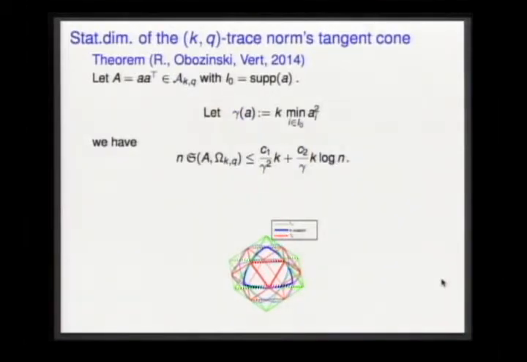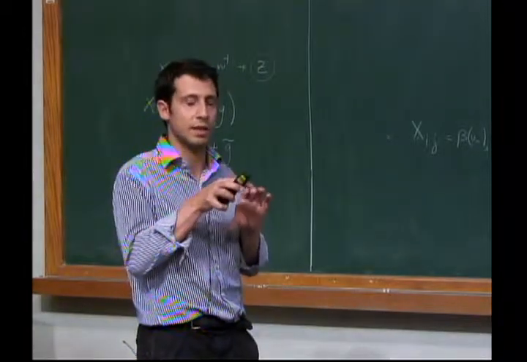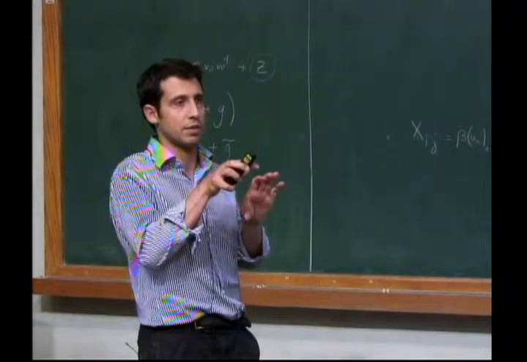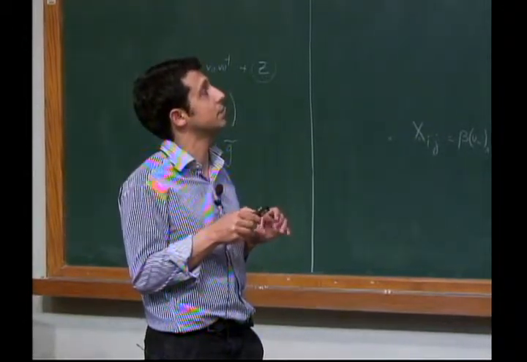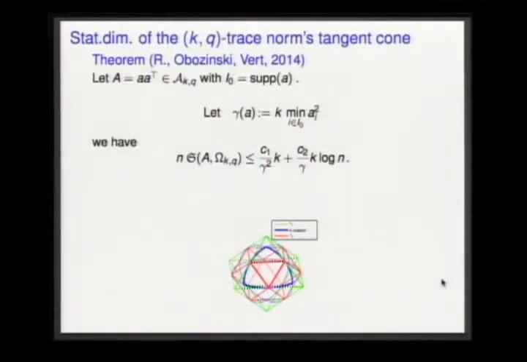So for the standard norms, if you take, for instance, the L1 norm, and you compute the statistical dimension on an atom which has sparsity k times k, so it's going to have a sparsity k squared, we obtain a statistical dimension of order k squared times log n over k.